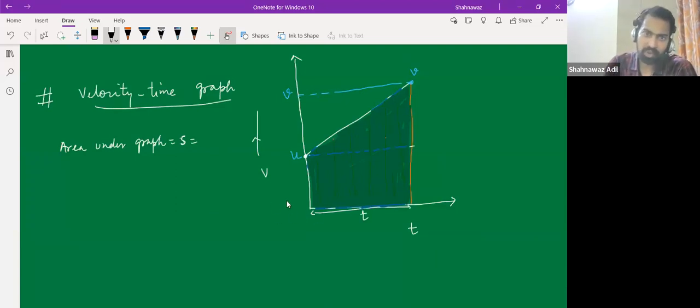And what is the shape of this graph? What is this ABC? Trapezium, right? And what is the area of trapezium? Length plus breadth divided by 2 into height.